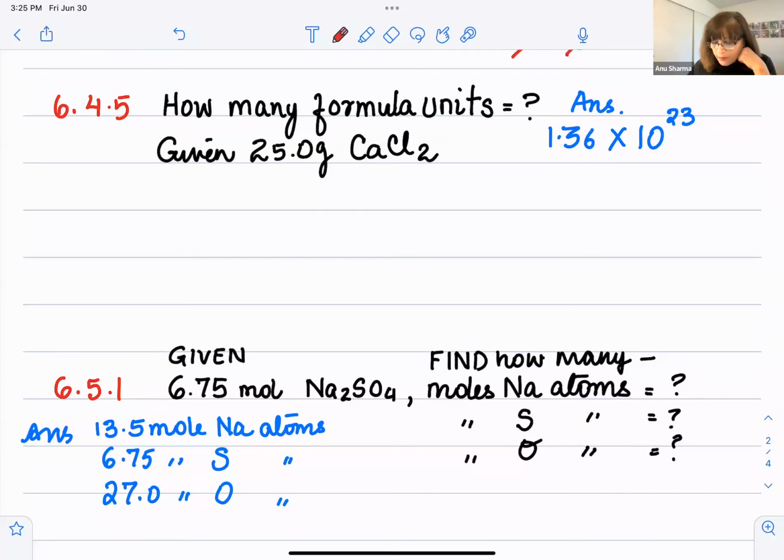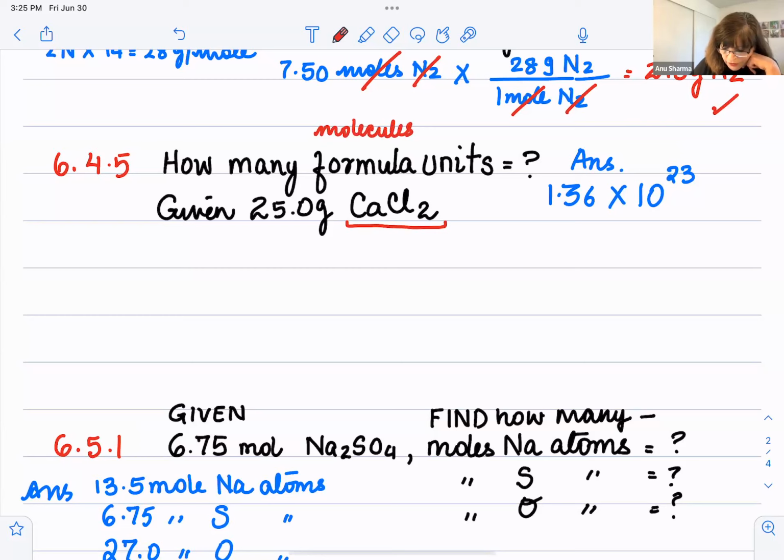So let me write this down. A better phrase for this is: how many molecules are present in 25.0 grams of CaCl2? This is the other way of writing this.